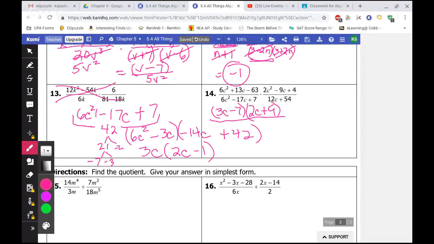And then over here on this second one, I can take out a negative 7, and that's going to leave me 2c minus 6. Right? Did I do that? I think so.